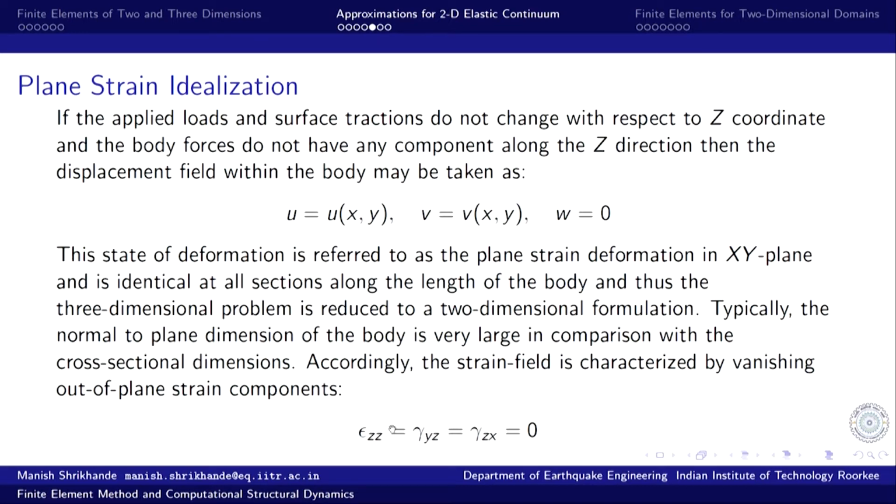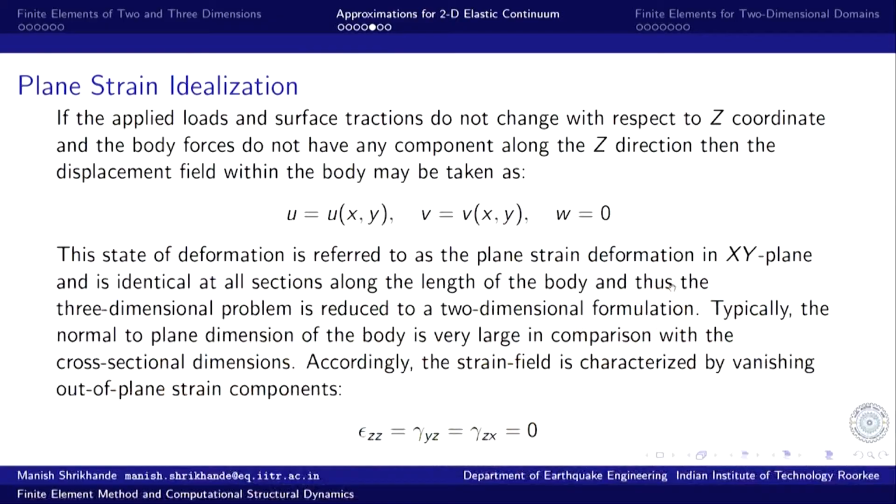Because epsilon zz is considered to be 0, obviously the deformation along z direction is also 0. So, the deformation can only be taken as u and v as function of x and y. This state of deformation is referred to as plane strain deformation in xy plane, and it is identical at all sections along the length of this z axis body, and the 3 dimensional problem can be reduced to a 2 dimensional analysis of just one cross section.